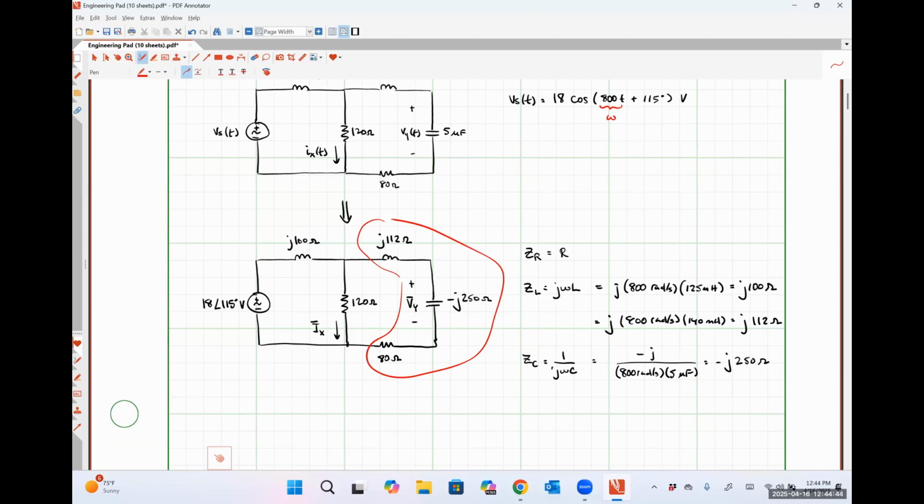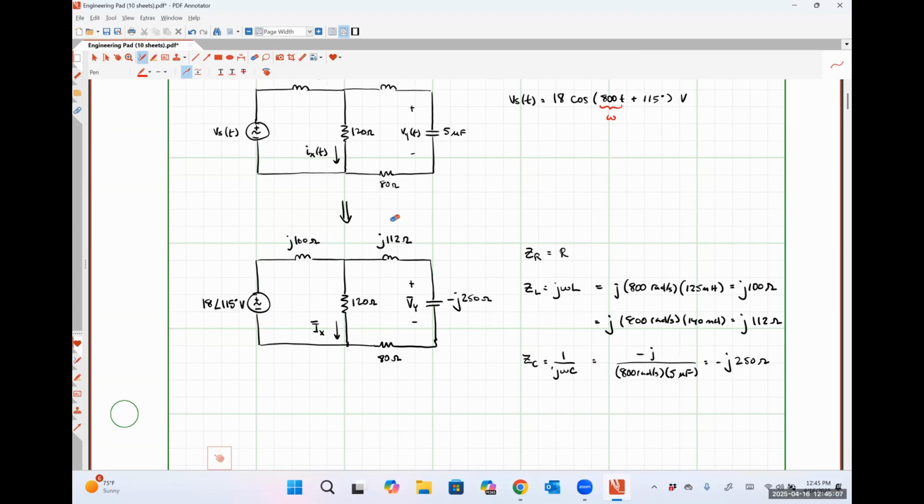And then I could find Ix by using Ohm's law, and then Vy using voltage division. And then, of course, we could also do nodal analysis, or we could also do full-on mesh analysis. So literally, the sky is the limit here. We just talked about 5 or 6 different ways to do this. We would realistically just do whatever we're most comfortable with.